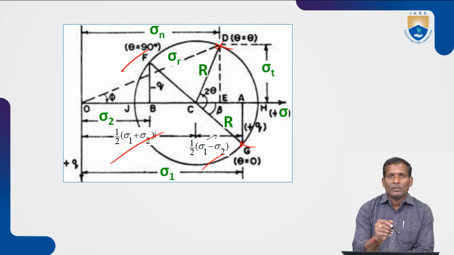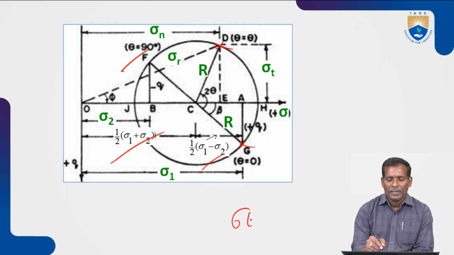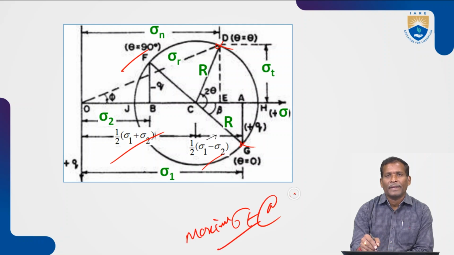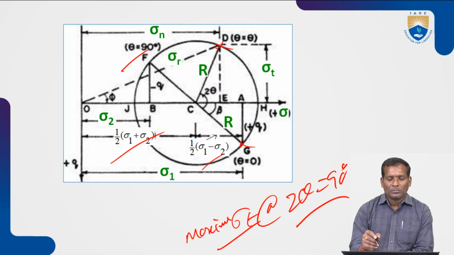So the maximum tangential stress occurs at sigma t, the maximum sigma t at 90, that is at 2 theta equal to 90 degrees. Clear?